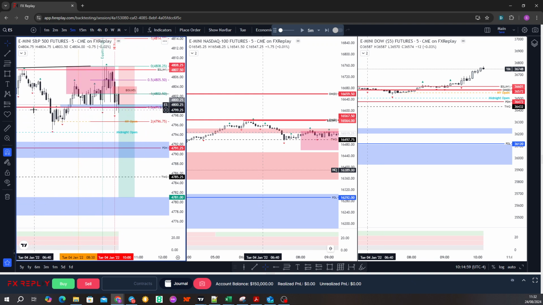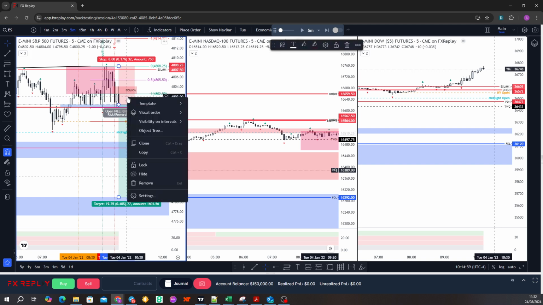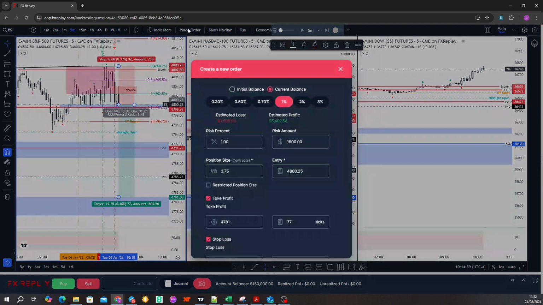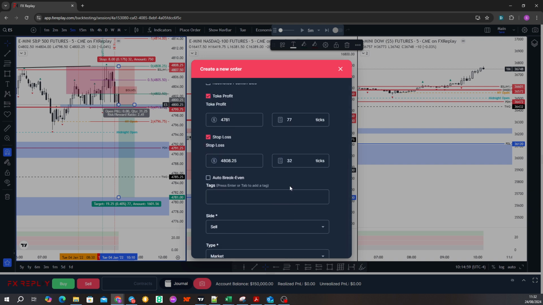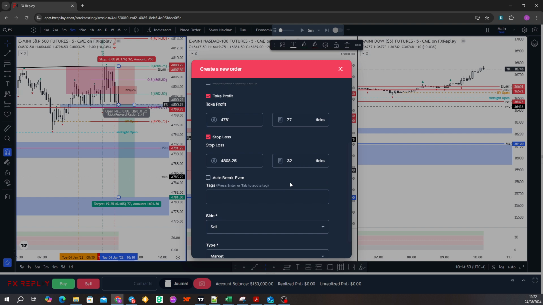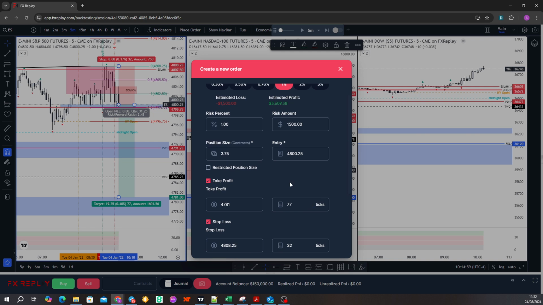So we're going to be able to ascertain, let's just check SL. Yeah, that's 2 ticks. Let's come out.